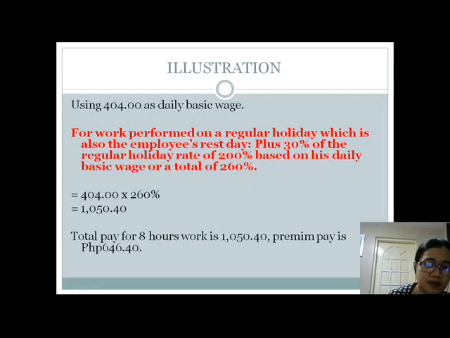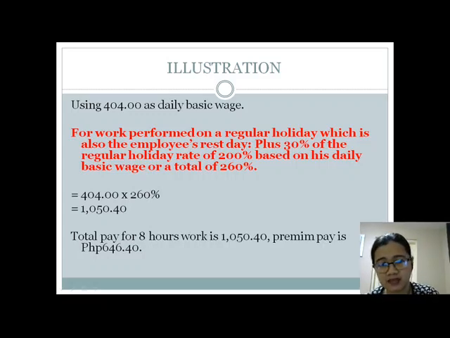Then the third one is for work performed on a regular holiday, which is also the employee's rest day. So plus 30% of the regular holiday rate of 200% based on his daily basic wage, or a total of 260%. So again, you just multiply the daily pay by 260%. You're going to come up to a total pay of 1,050.40.